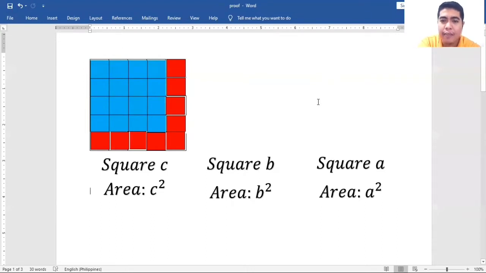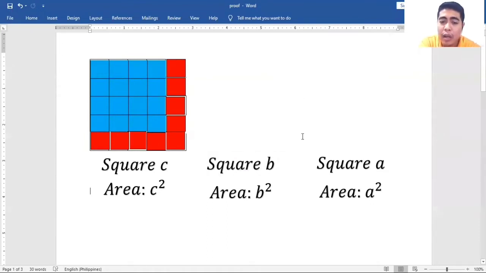Earlier, we said that the areas of square A, square B, and square C are A squared, B squared, and C squared, respectively. We come up with an idea that if we add A squared and B squared, it will result in C squared.